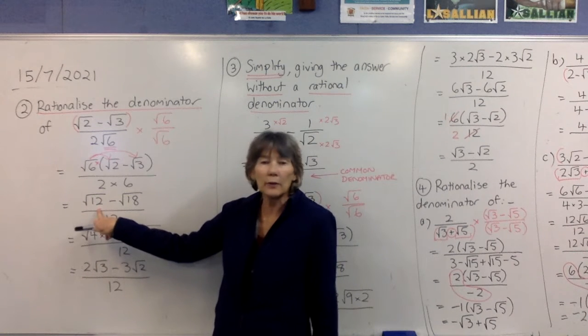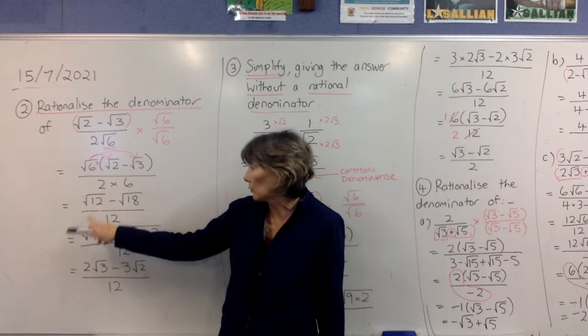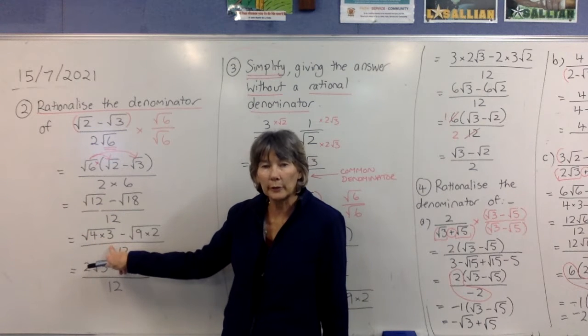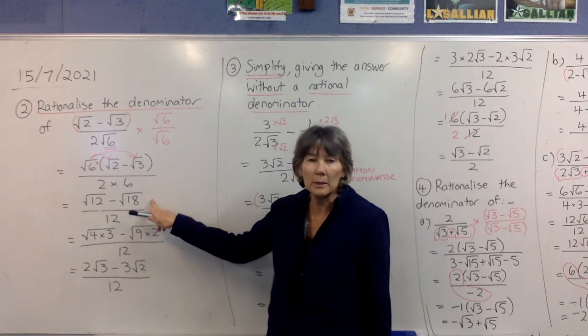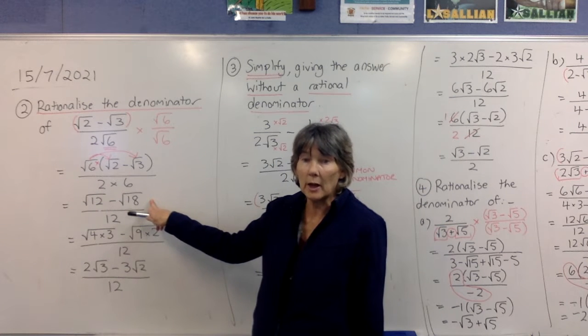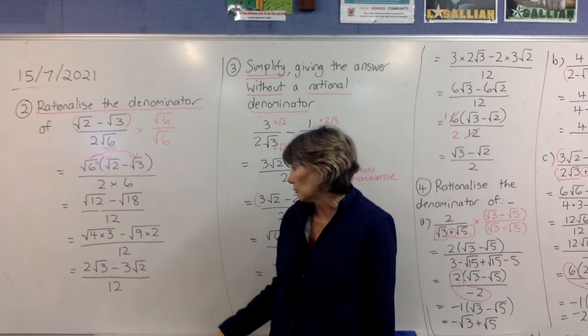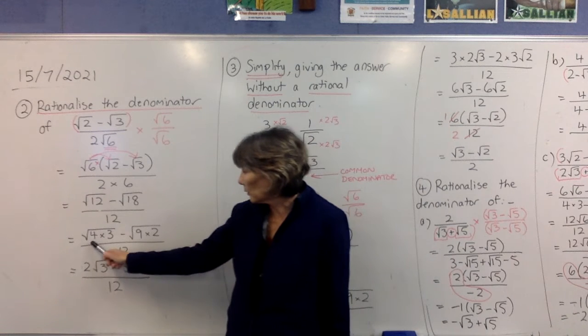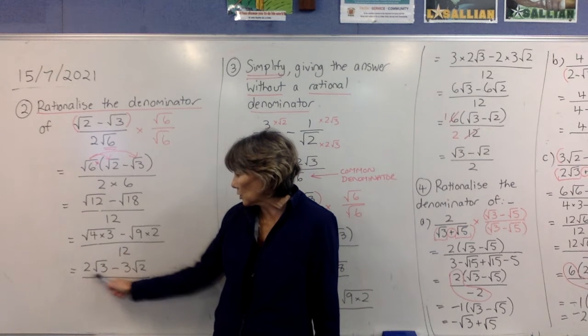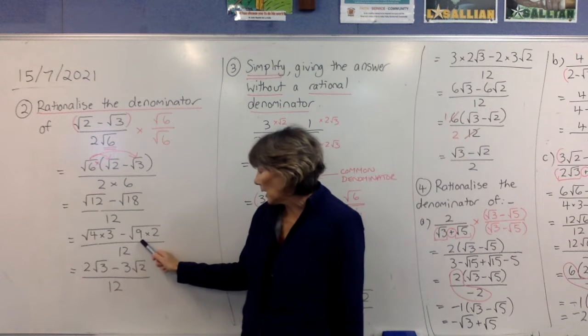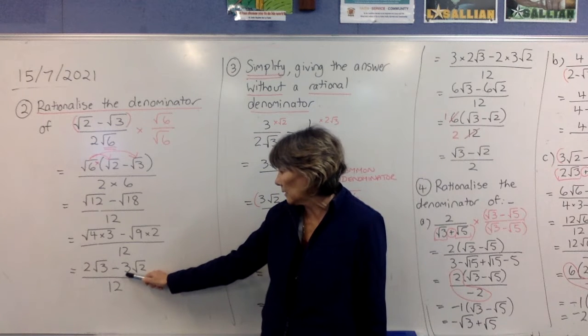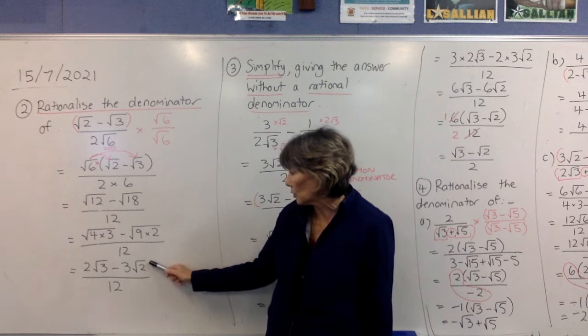With 12, the highest perfect square that goes into it is 4, so it's root 4 by 3. And with 18, the highest perfect square that goes into 18 is 9, so it's root 9 by 2. When we simplify it, root 4 is 2, so that's 2 root 3. And root 9 is 3, so that's 3 root 2.